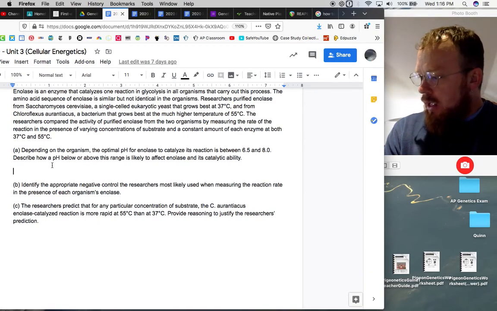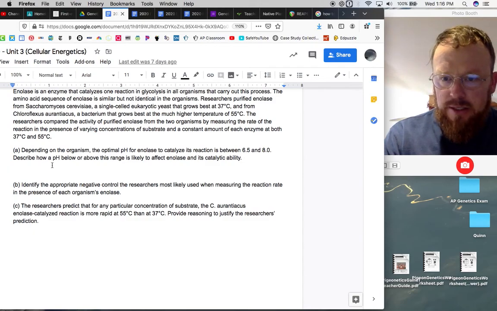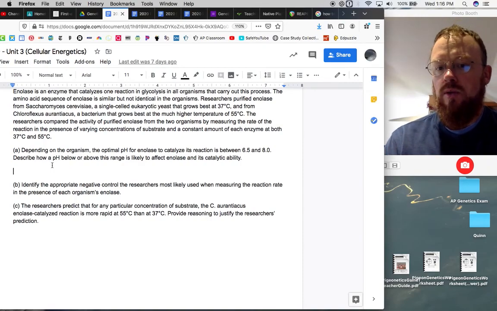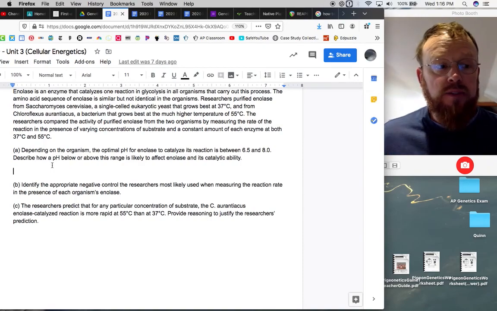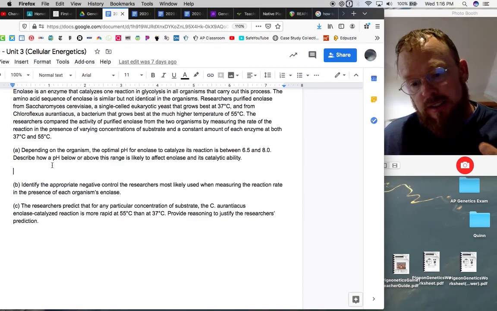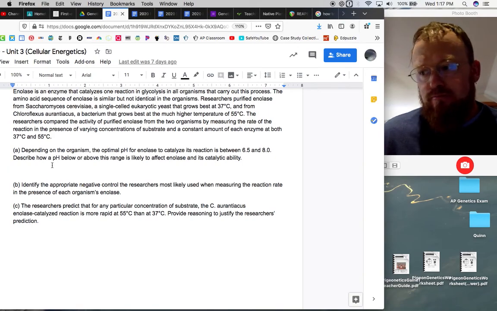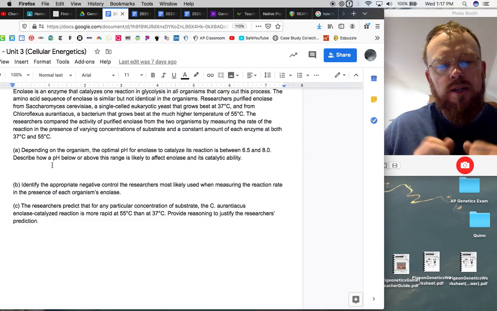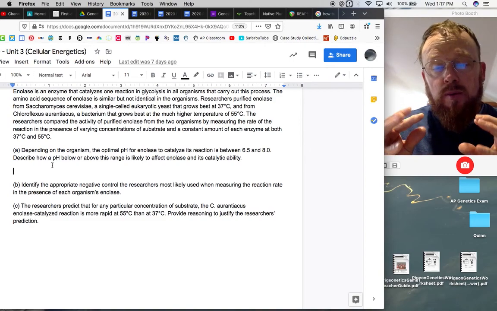Okay, that's A. B says identify the appropriate negative control the researchers most likely used when measuring the reaction rate in the presence of each organism's enolase. Remember, a negative control is an experimental setup in which you expect to find no activity, where you set it up so that the independent variable is absent, right?